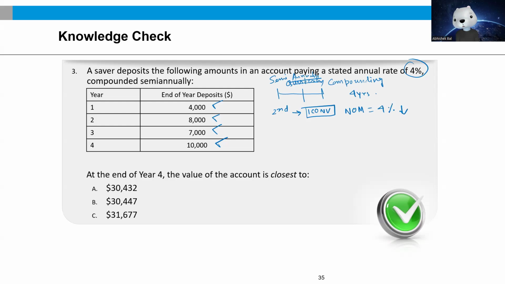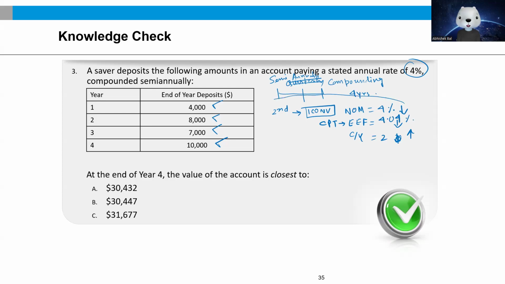Then you're going to get the effective, but this is what we have set out to find, so we leave it as it is, press the down key once again, and we come to the compounding frequency of 2. Once we have the compounding frequency as 2, you can press the up key once to come to the CPT, and now press the CPT button, and your effective annualized interest rate is going to be 4.04%.